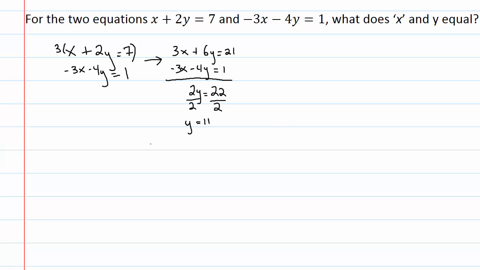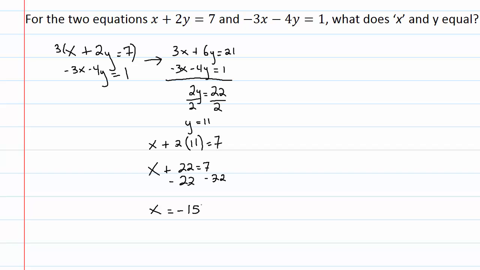We'll take the top one. And after simplifying our equation, we need to subtract 22 from both sides. X should be negative 15.